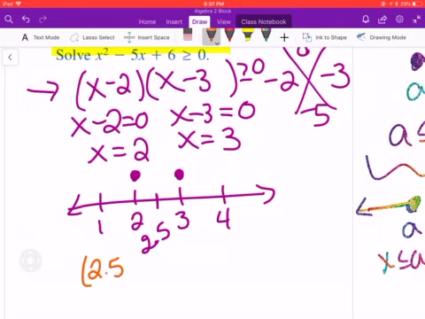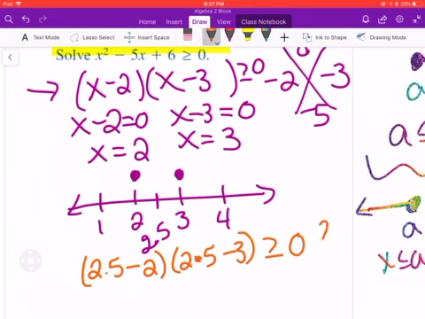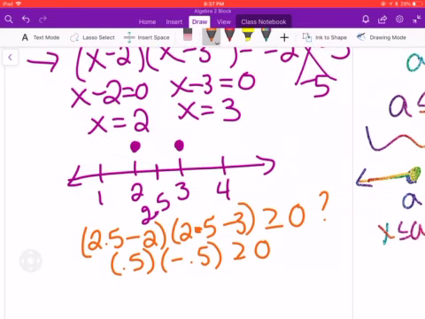So 2.5 minus 2 times 2.5 minus 3. Is that going to be greater than or equal to 0? That's the question. Here I get 0.5, and here I get -0.5. Is that greater than or equal to 0? Well, 0.5 times -0.5 is -0.25, which is not greater than or equal to 0.